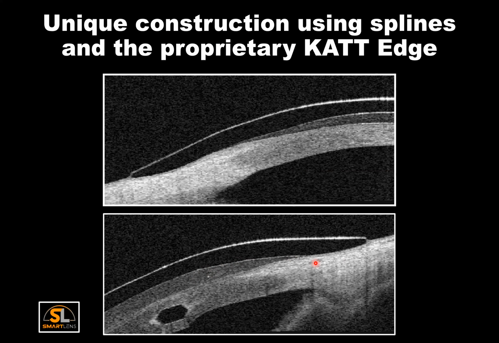So one thing that makes the smart lens very unique is the use of splines or straight line surfaces on the back surface to appropriately clear the tissue, but also to be able to control the elevation when you have an irregular type shape.